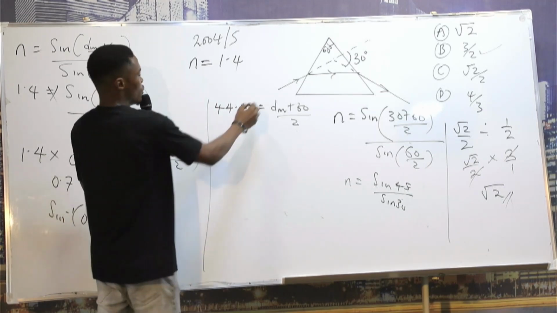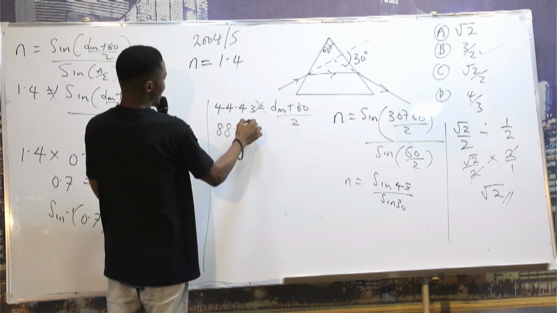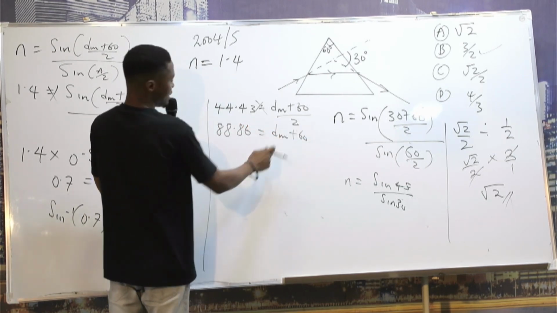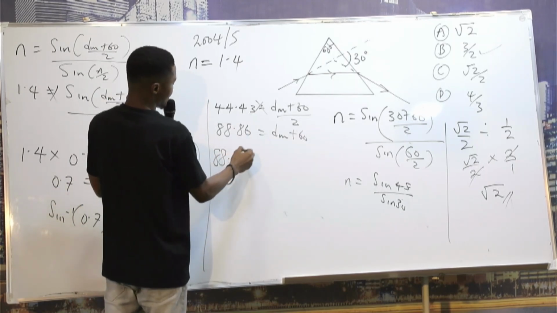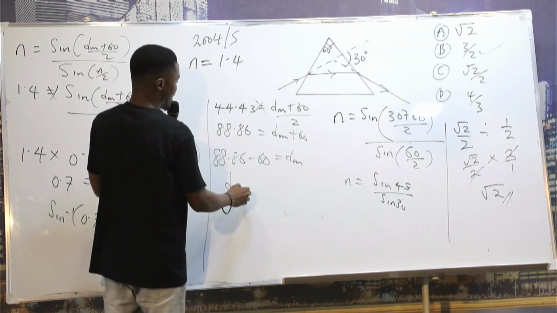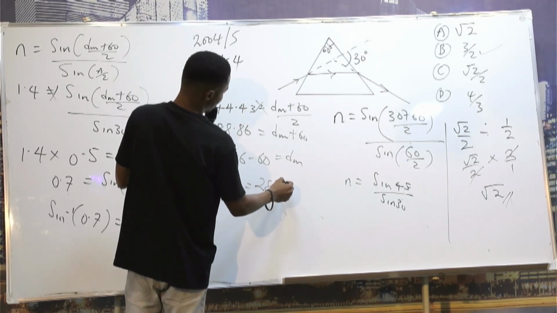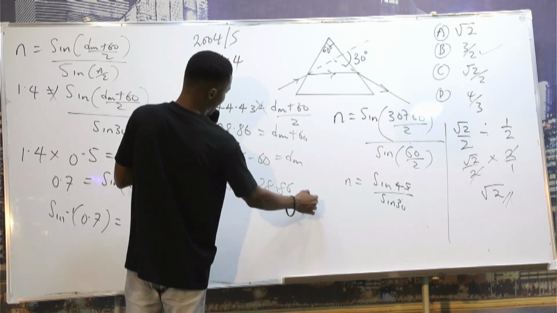Cross multiply, this multiplied by 2 is 88.86, equals Dm plus 60. Make Dm the subject, 60 will come over. 88.86 minus 60 equals Dm. So what is my Dm now? 28.86, or approximately 29.